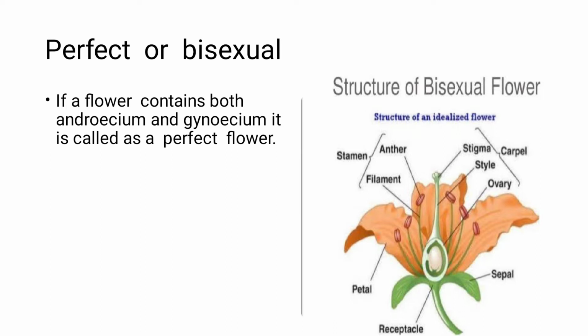Perfect flower: if a flower contains both androecium and gynoecium, it is called a perfect flower. You can see in this flower the carpel. The carpel is nothing but the gynoecium, and the stamen represents the androecium. So both the sex organs are present in a flower. Then that flower is called a perfect flower or bisexual flower.